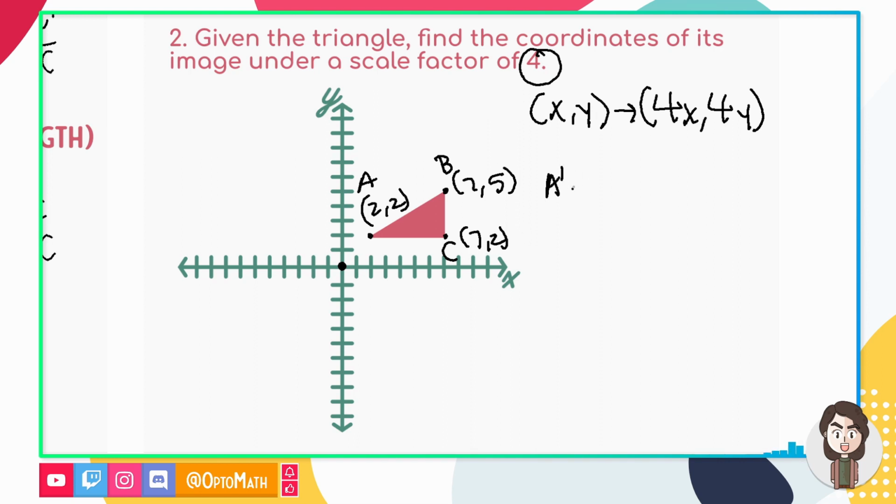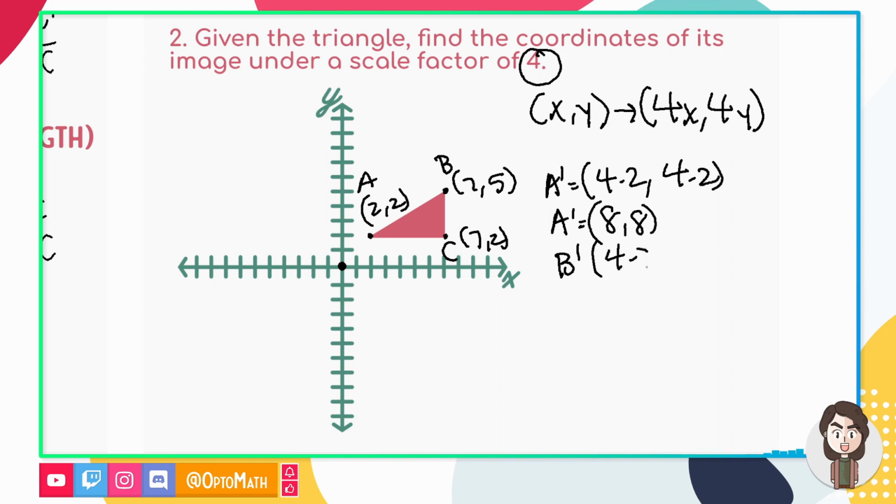So A prime should be 4 times 2, 4 times 2. So again, we're finding the actual new coordinates. So we have 8, 8. B prime should be 4 times 7, 4 times 5.